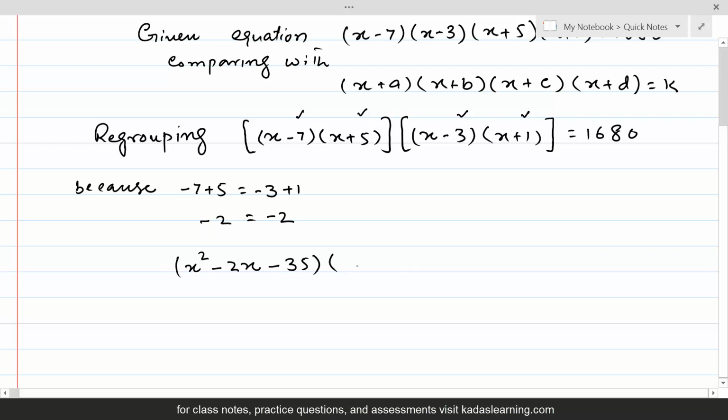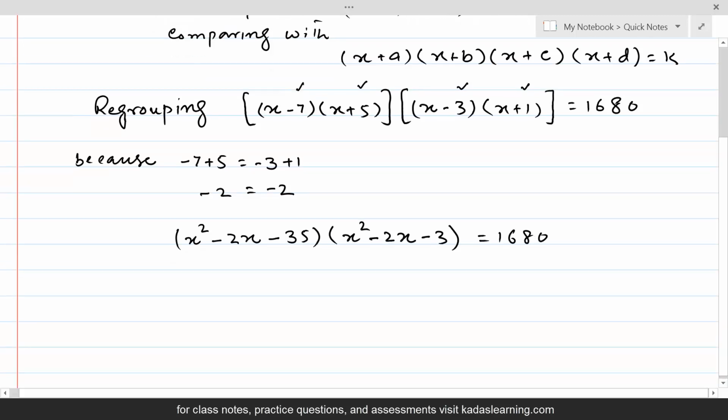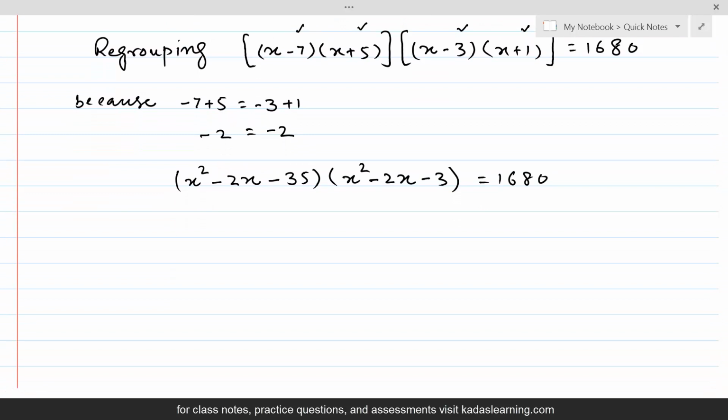And in the second group, when x - 3 is multiplied with x + 1, this will give us x squared - 2x - 3, equal to 1680. So this was the reason why we were adding those constants on one side and on the other side, so that we can have the same x squared - 2x in one and x squared - 2x in the other factor on the left hand side.